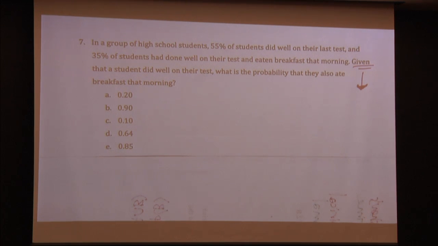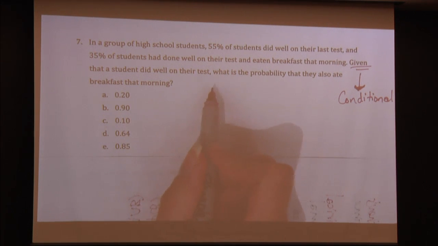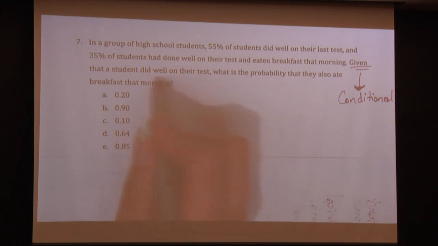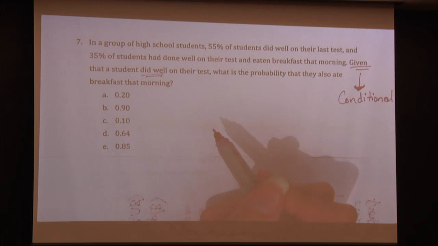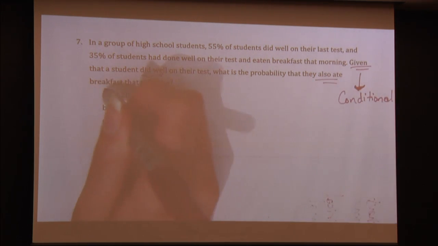So I heard conditional. So there is a sort of condition that they give us, which is why we say we're given. So we were given that they did well, and we want to know that they also ate breakfast that morning.